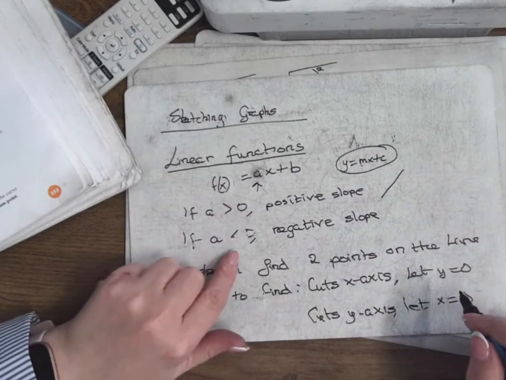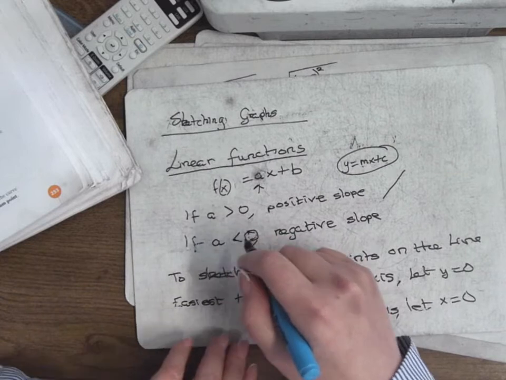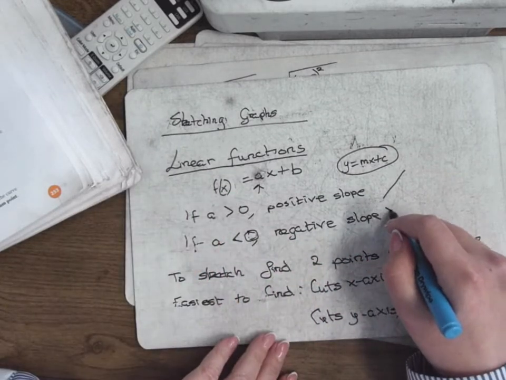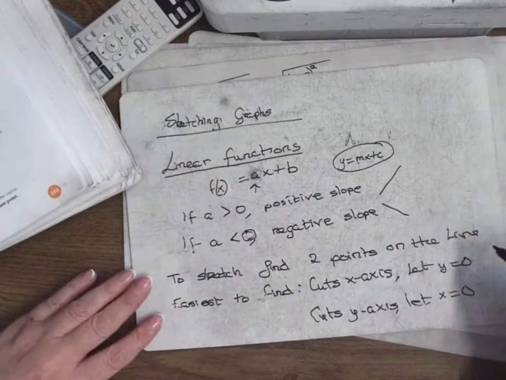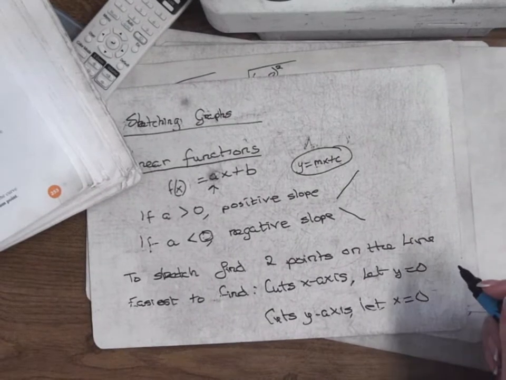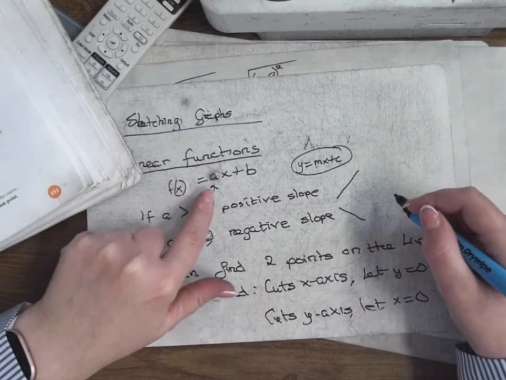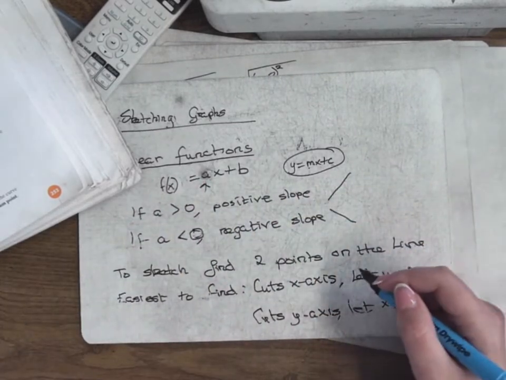And if the number in front of the x is less than 0, as in a negative number, you'll end up with a line going down. It's always a good idea to know what you're going to end up with, right? So if that number is positive, it's a line going up, and if that number is negative, it's a line coming down. Is that all right?